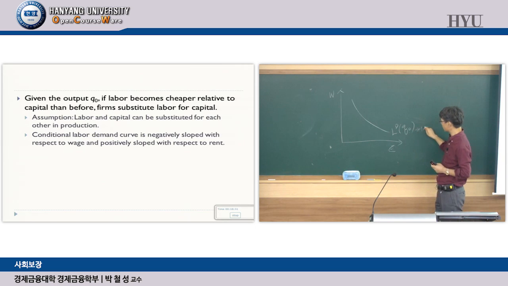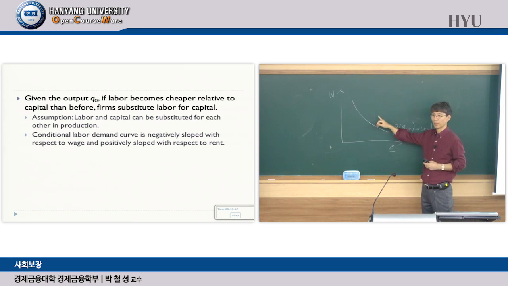And we call this the conditional labor demand curve, meaning that this is a labor demand curve with the condition that the output is equal to Q0. So if Q0 changes, then the labor demand curve will shift.